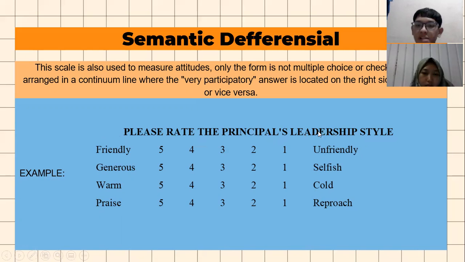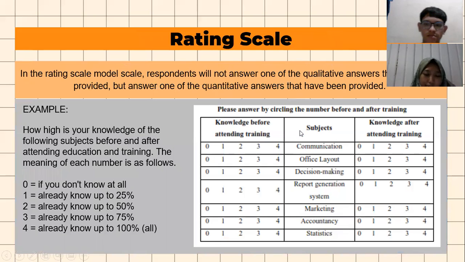If the principal's leadership is friendly, the one who gets this questionnaire should answer 5. If very unfriendly, you can choose 1. Similar to before, generous is 5 and selfish is 1. Warm, cold, praise until reproach. And the next will be presented by Dwi.